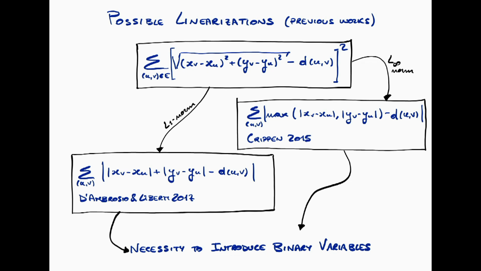You have some short citations in the slide. And this paper was one of the contributions in the GSI 2017 in Paris. And so in both cases here, we replace, okay, we don't like the Euclidean norm because we have this square root, we have the squares here, and so we prefer this one because we have absolute values. It's much easier to deal with, but it's not linear yet. Here you can see you have two absolute values.